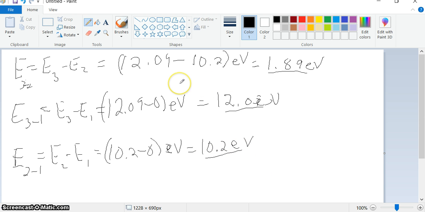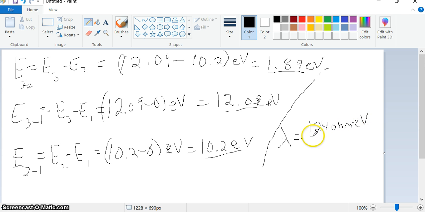The basic idea is really simple. Let me move this off. We just have to remember these three numbers, and then for the photon, remember that constant we used before, 1240, with units of nanometers times electron volts.